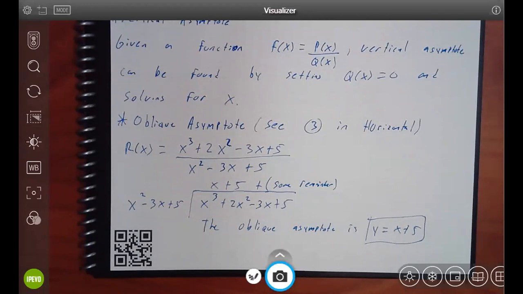Let's see. If we did synthetic, maybe. Because when you do synthetic, you get the reduced form, right?